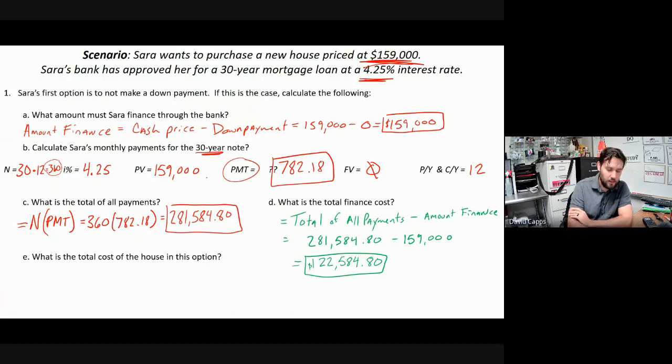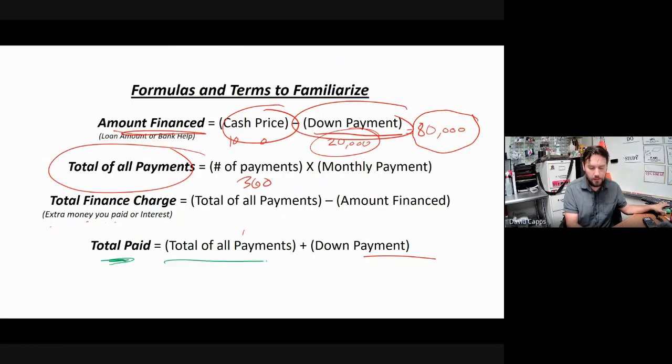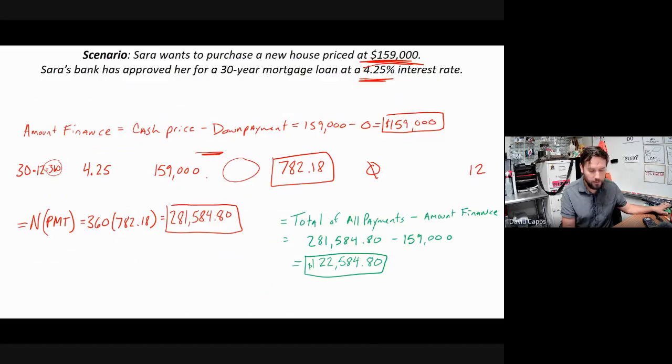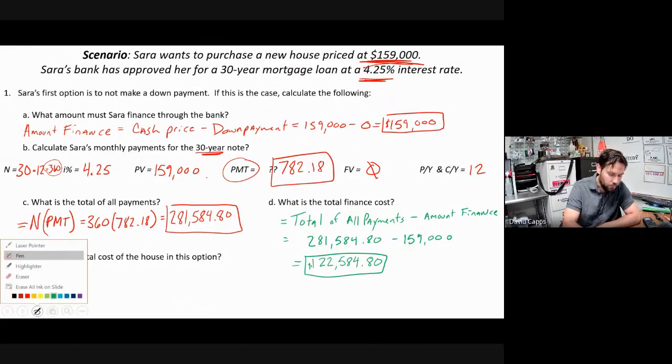And so finally here, what is the total cost of the house in this option? If she makes no down payment, what was the total cost of her buying this $159,000 house? We can go back to the formula for the total paid: total of all payments plus a down payment. Remember, she made $0 in her down payment. So this is simple.